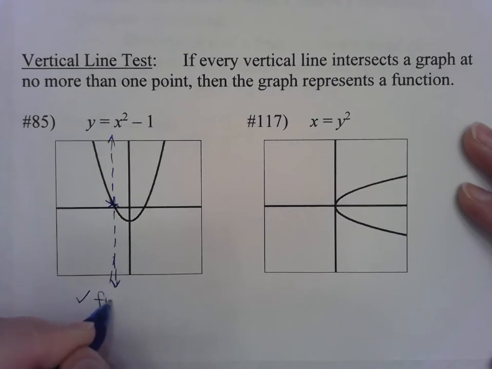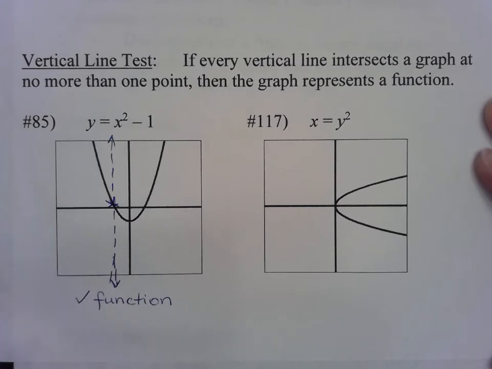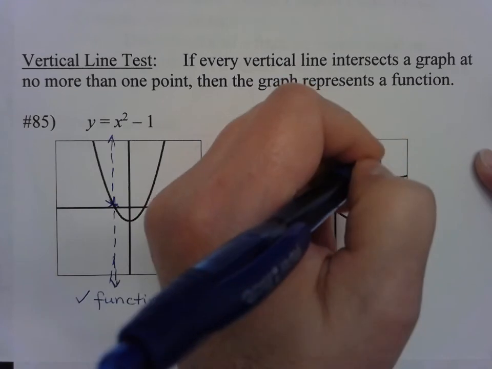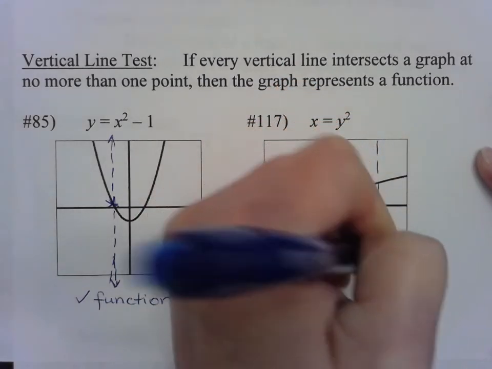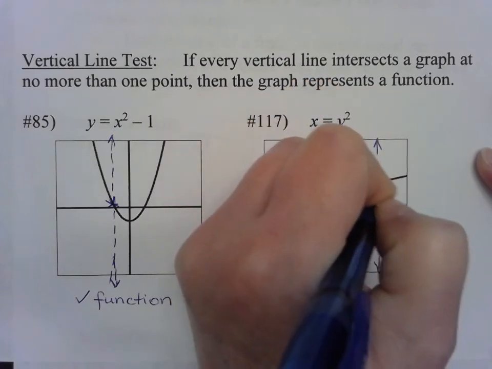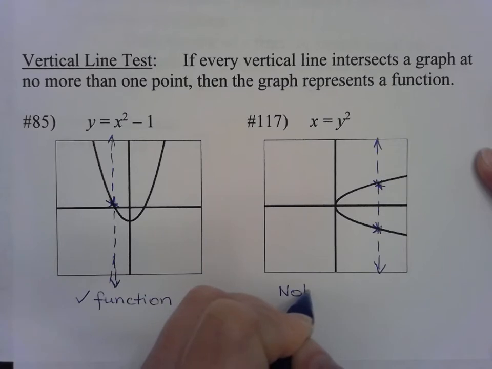This is a function. Each x depicted by the vertical line is only going to touch once and produce one y value. However, over here, there are many places where I could pass a vertical line and it would touch more than once. So this is not a function.